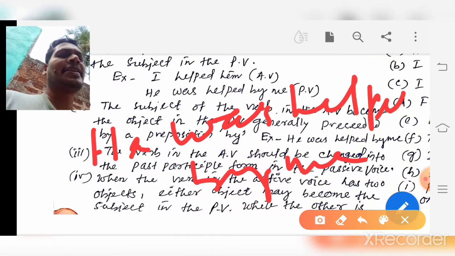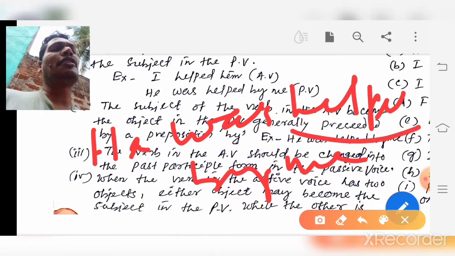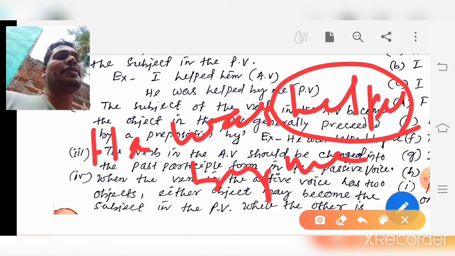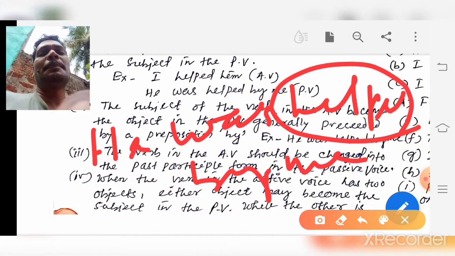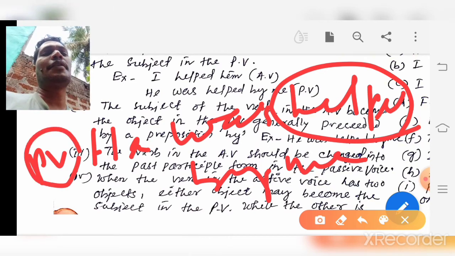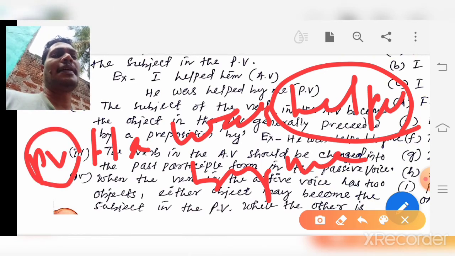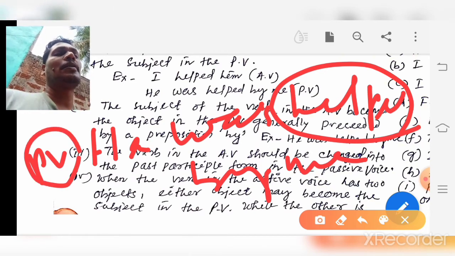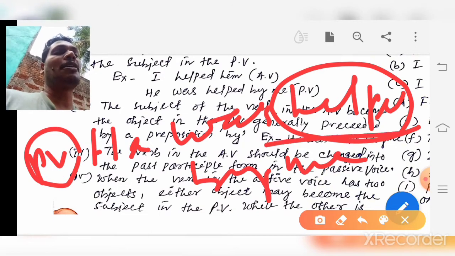In the first sentence, the finite verb was helped. In PV form, the finite verb of active voice will be used in the form of past participle. Help, helped, helped.